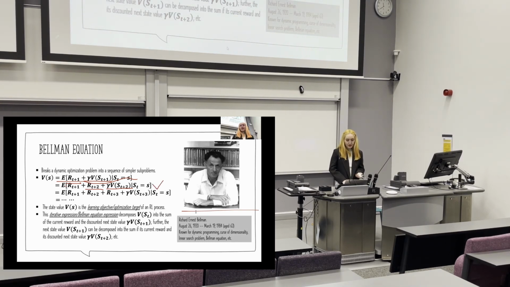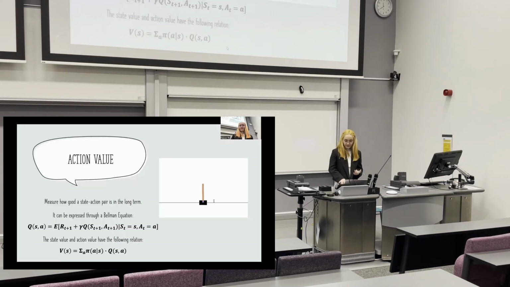And then we can go even further, decomposing V(S_t+2) to get this third equation here. Okay, so I wish now we've had some basic understanding of this iterative nature of a Bellman equation. And let's continue to the next basic concept in reinforcement learning.